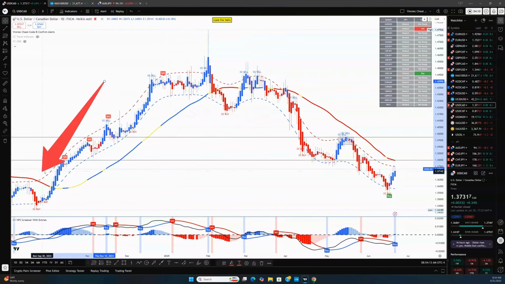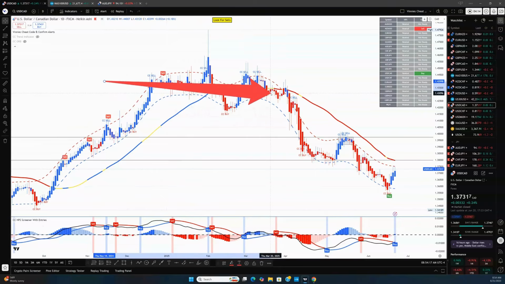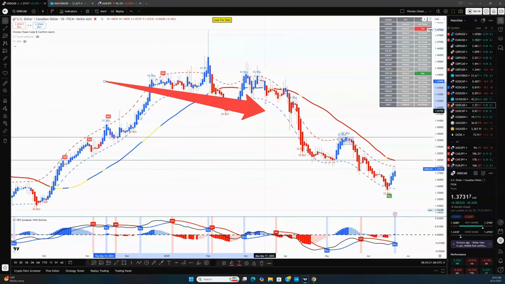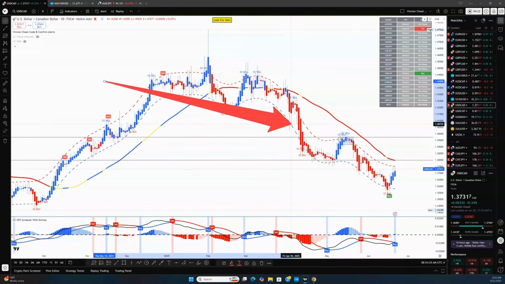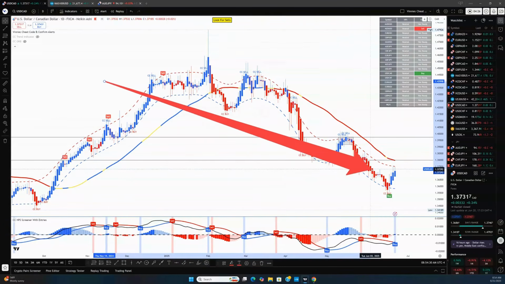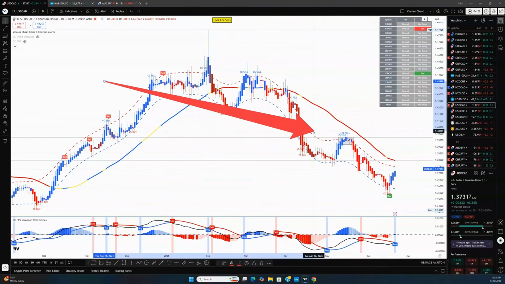You see on this side how we have more blues than red because price is bullish. Now when we get to this side, we are below the 47 moving average, and you see more red than blue. That means price is bearish, so you should be waiting for an opportunity to sell the market.